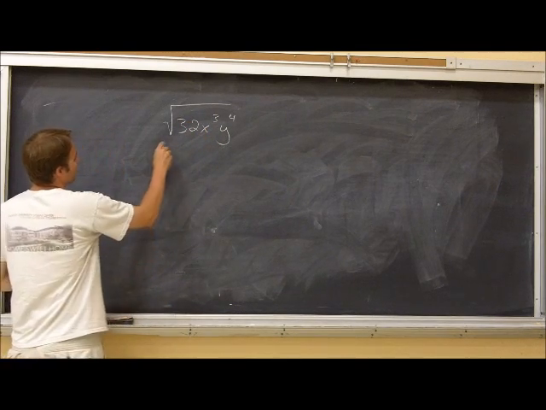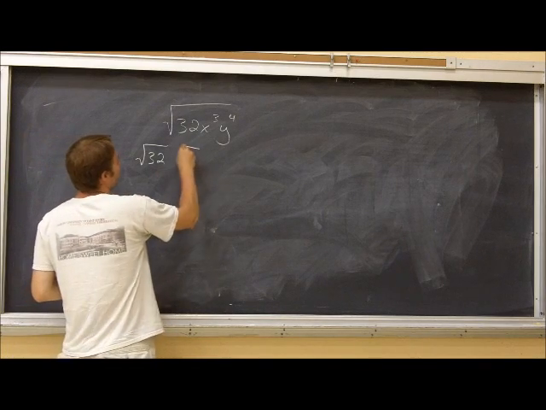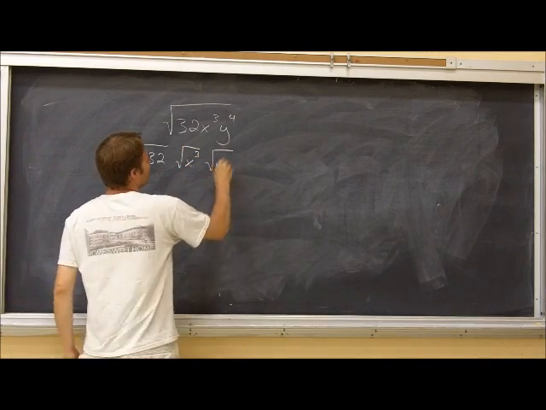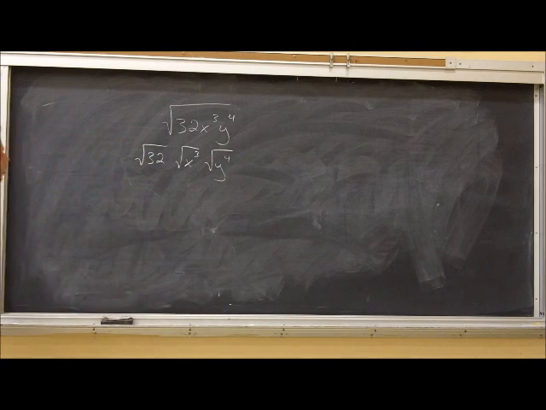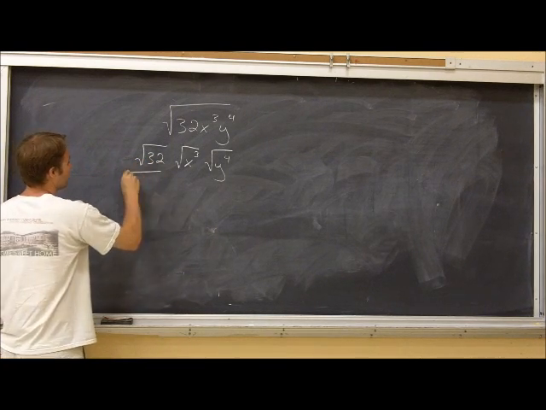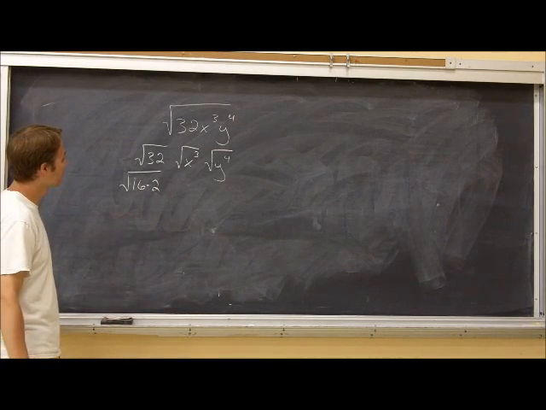So I'm just going to go ahead and break this up into 3 parts. This will be the square root of 32 times the square root of x cubed times the square root of y to the 4th. Now within the 32, I know I could split this up into the square root of 16 times 2.